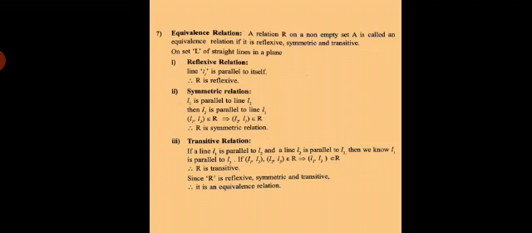Since R is reflexive, symmetric and transitive, it is an equivalence relation. In an equivalence relation, it has to satisfy all these three conditions. It must be reflexive, symmetric as well as transitive.